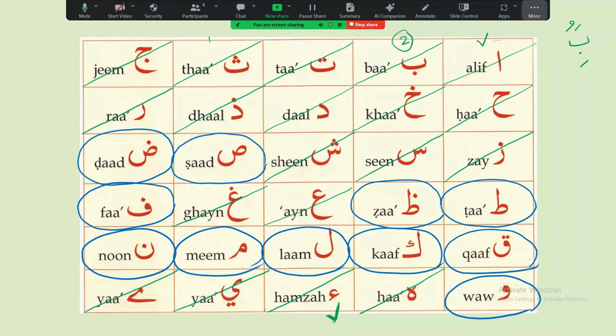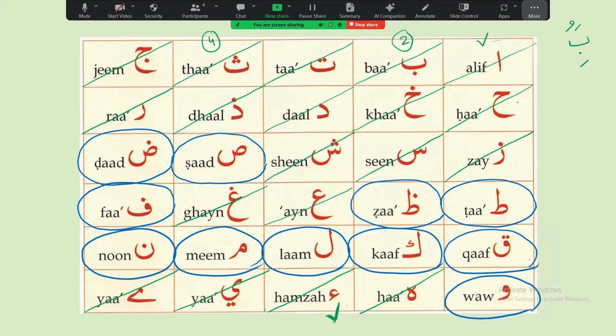Then the fourth letter that we did is the tha letter, and I said that for this, the tip of the tongue touches the edges of our upper front two teeth, and we say tha. The next letter is deem. So let me just do these all at once: alif, ba, ta, tha, deem.